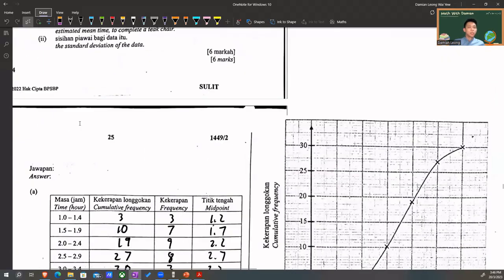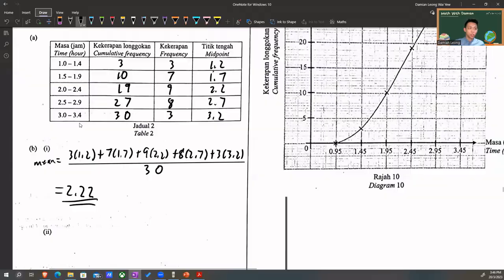Then B2, standard deviation. Standard deviation, I have the mean. I want the sum of x squared.